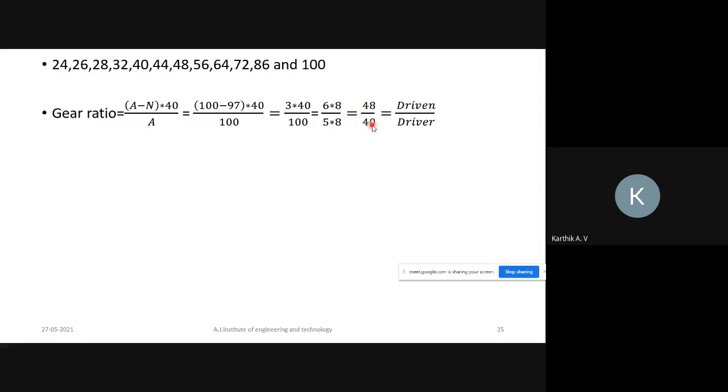That means 40 is the driver gear you should choose, and the driven gear should have 48 teeth.